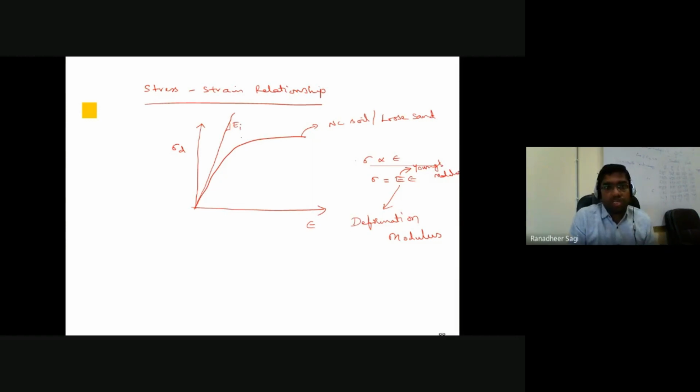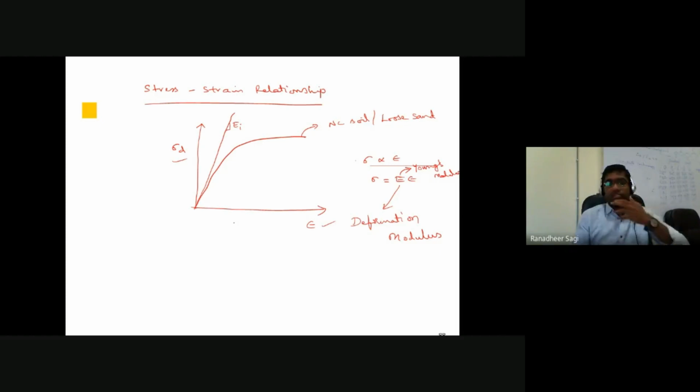Initial deformation modulus means in the initial portion of your stress versus strain curve, you are trying to draw a tangent, and that slope of the tangent is what you are calling as your deformation modulus.